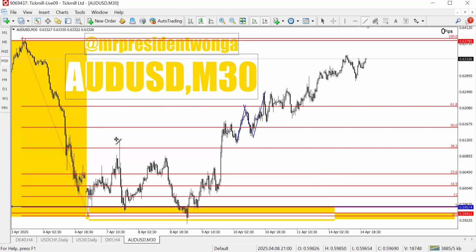Okay, so there was a drop here. And there was this movement. Another movement towards the level. And you can see it clearly.